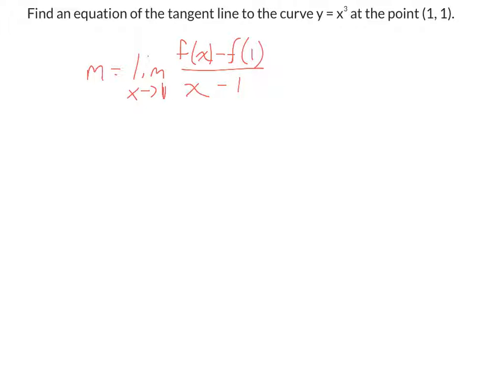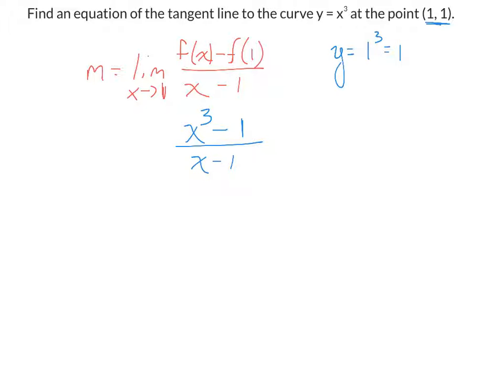So to fill this in, f of x is the same as x cubed, minus f of 1, well, we see already that that's 1, right? Or I could just do y equals 1 cubed and get 1, over x minus 1.